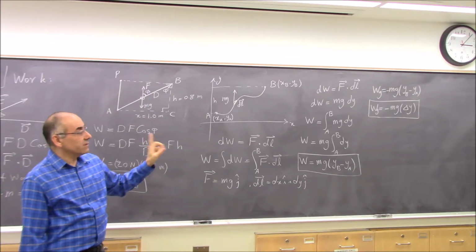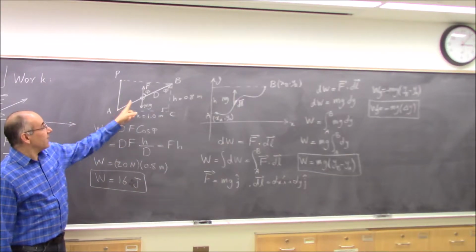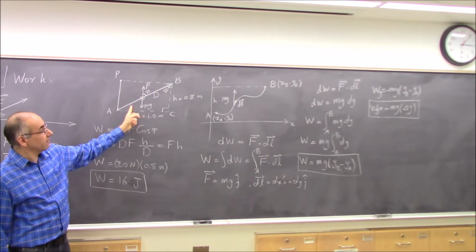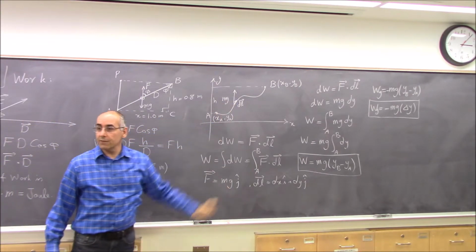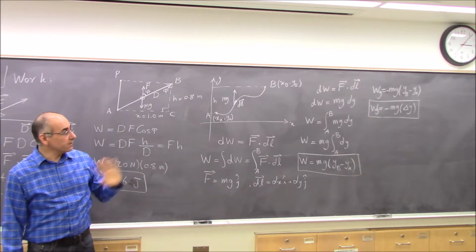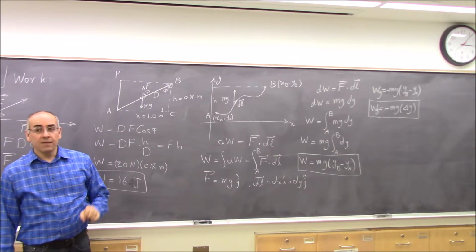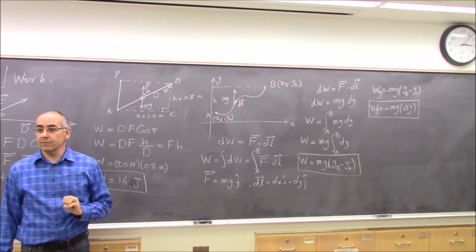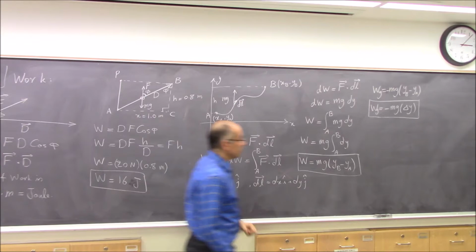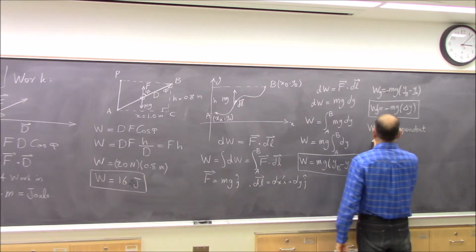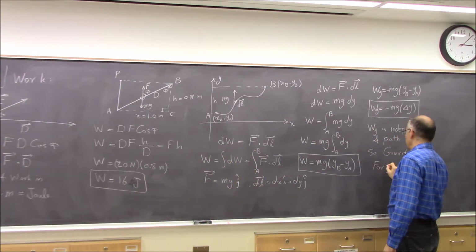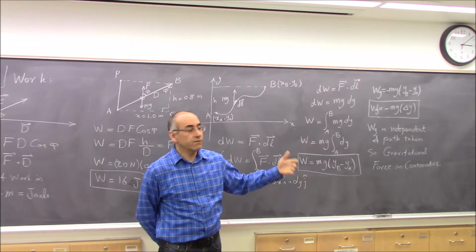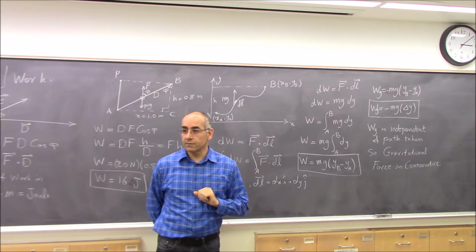And you see that it doesn't depend on the path. We did that in three partially straight paths here, but in general, you see that it also works. It's always independent of the path. A force that has this kind of quality, you call it a conservative force. So gravity is a conservative force. Here, only the gravitational force and the spring force are conservative.